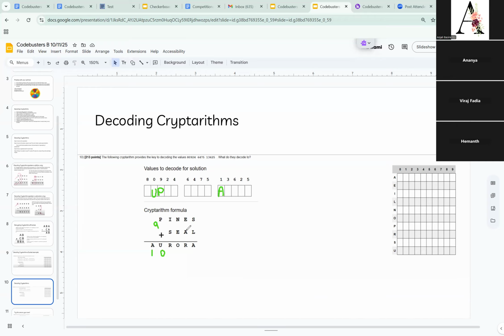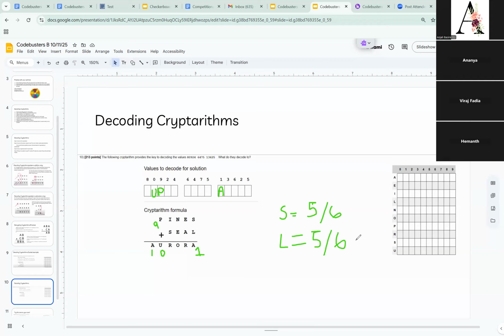So now what we'll try is, first we know that A over here is 1, right? And we have 2 options. So S can either be 5 or 6.